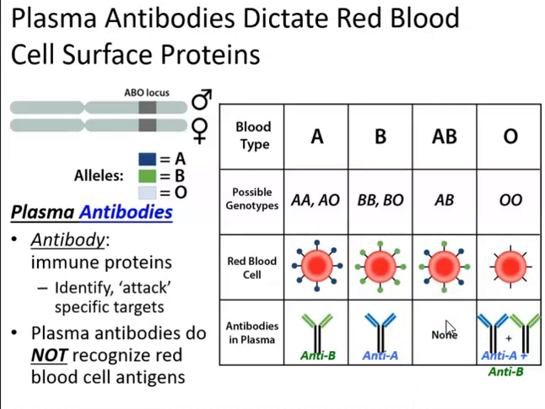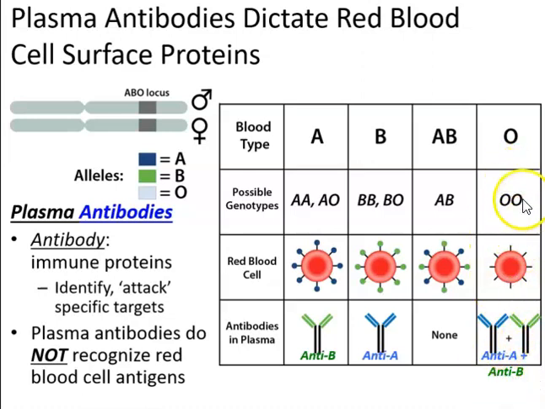Let's look at type O blood. Type O blood has no antigens on the surface of their red blood cells. However, that means they have both anti-A and anti-B antibodies within their plasma.